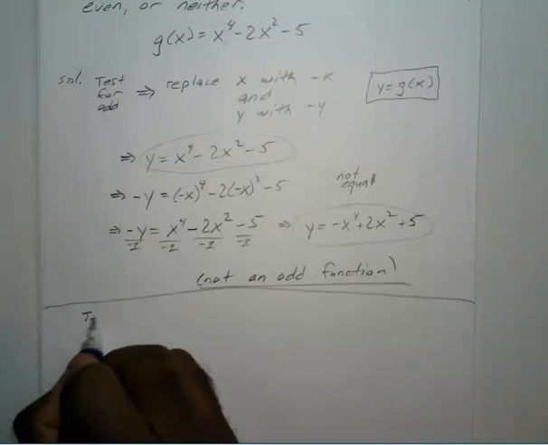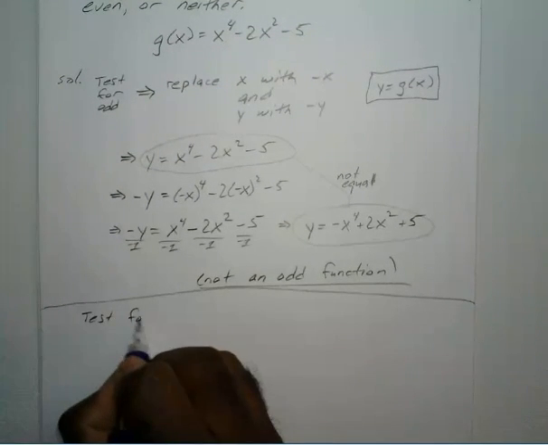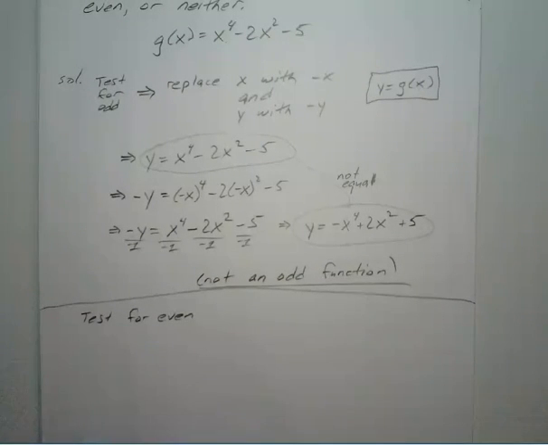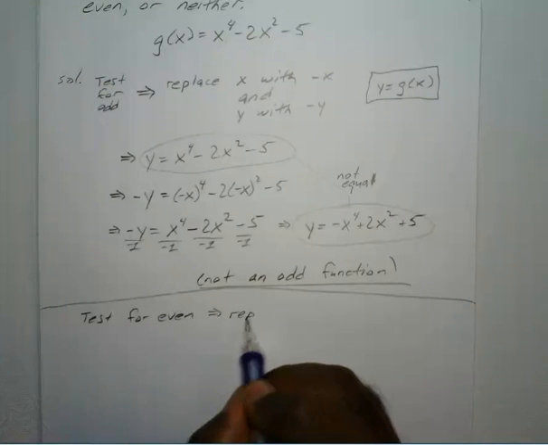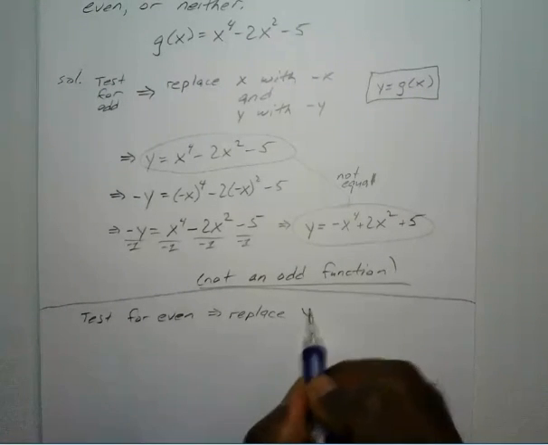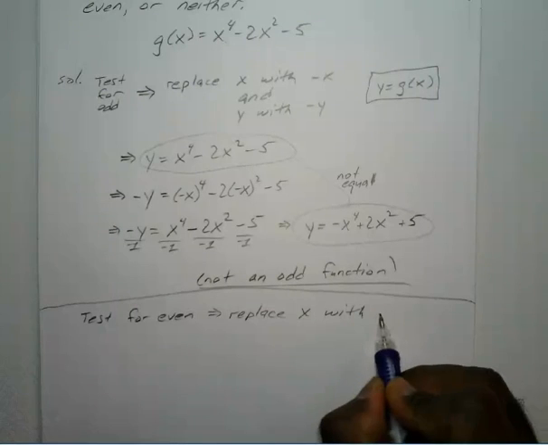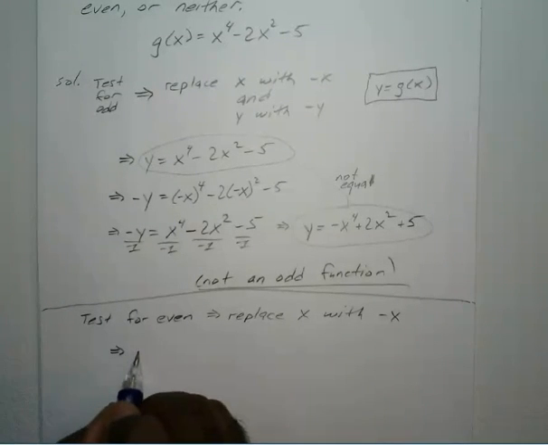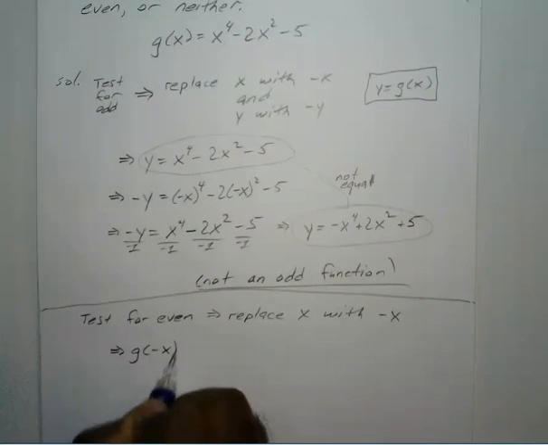Okay, so test for even. Remember, that one you just replace x with negative x. Okay, so that means our g of x is x to the fourth. We're looking for g of negative x.